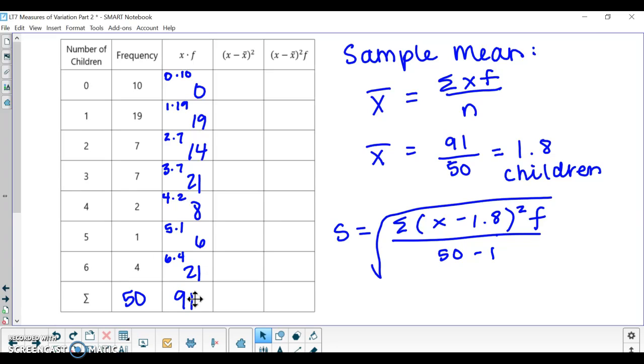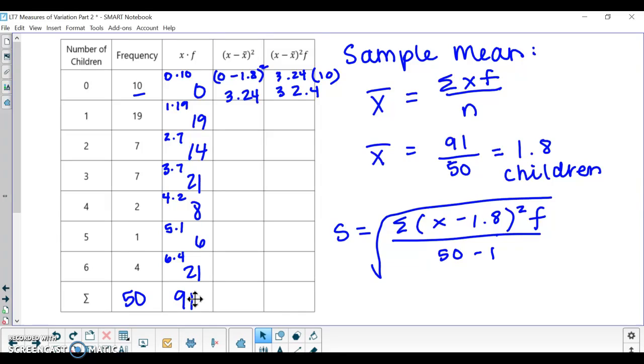So in this fourth column, for each one, we're going to take the midpoint minus 1.8 and then square it. And after we have that, we'll multiply it by the frequency of that class.